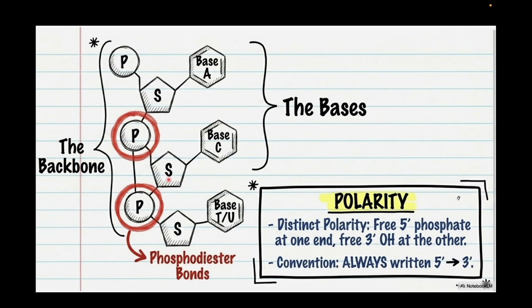This repeated linkage creates the sugar-phosphate backbone of DNA. Notice that the nitrogenous base projects inward while the backbone remains on the outside. This presence of the phosphate and OH group gives a polarity to the DNA, which is a 5' phosphate and a 3' OH group, and by convention we write 5' to 3'.